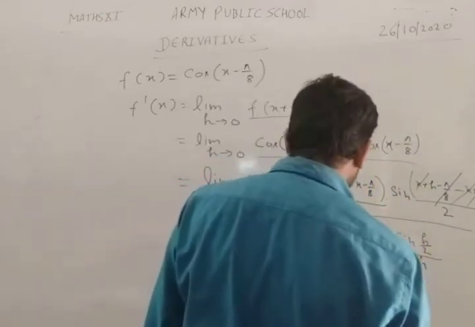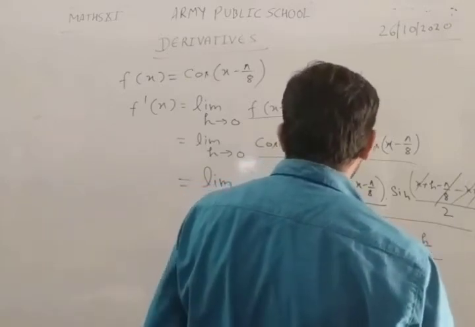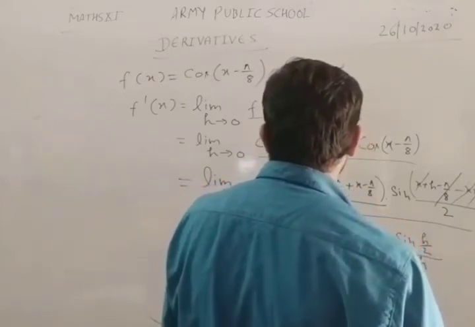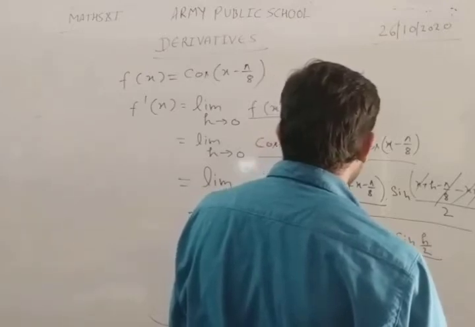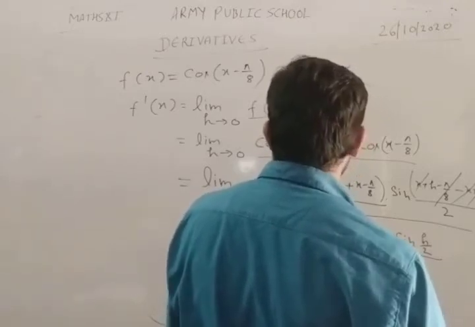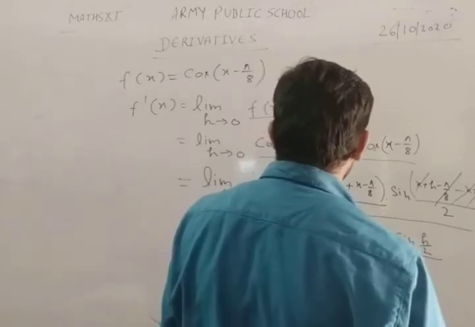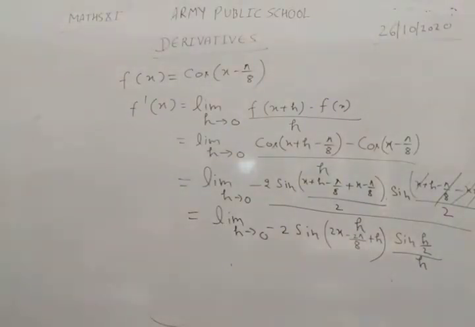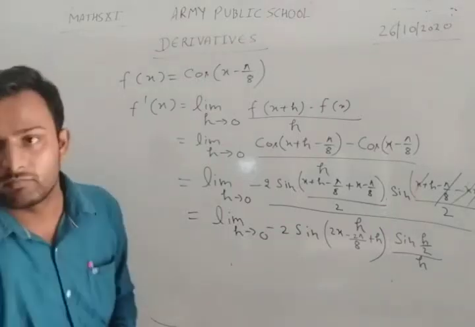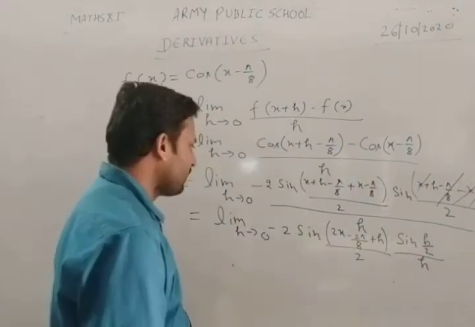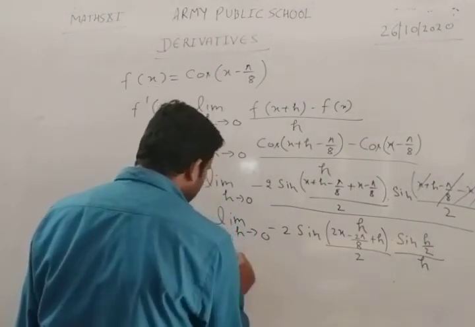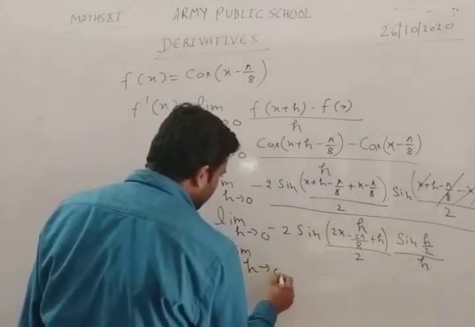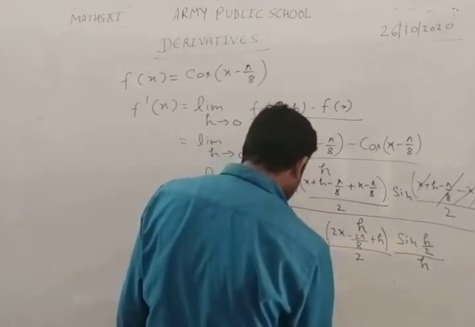Now we get h. Now we will solve it. Limit x tends to 0 and this will be cancelled, minus 2.